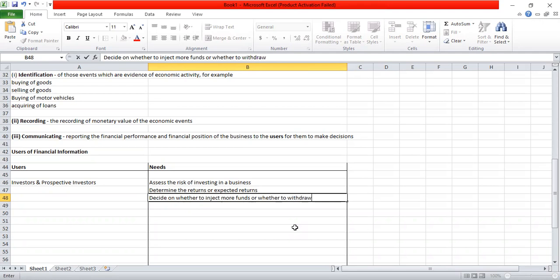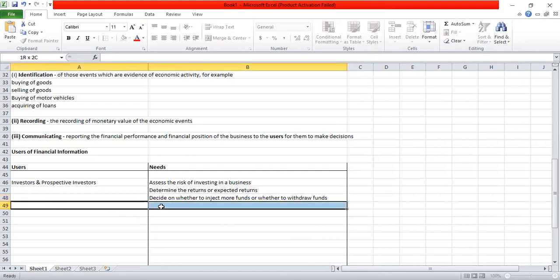If they are not happy, they will take away their funds. Or if they are happy, they will even put more money into the business. Is that right? So the investors, their main interest is to see if it's worth it investing in that business.